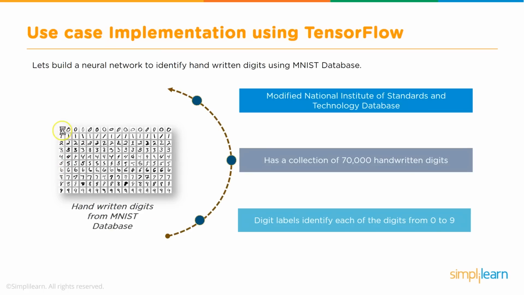They are handwritten images collected from a lot of individuals. These are samples written by human beings. They have handwritten these numbers going from 0 to 9. Then the images of those have been taken and formatted in such a way that it is very easy to handle. So that is the MNIST database.